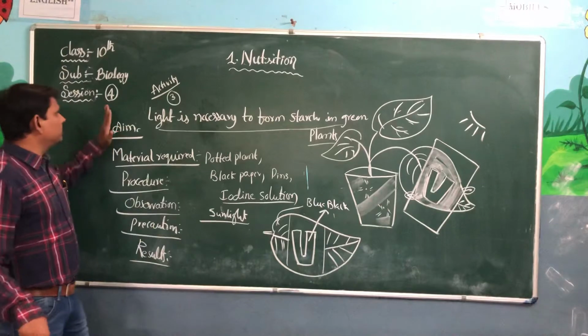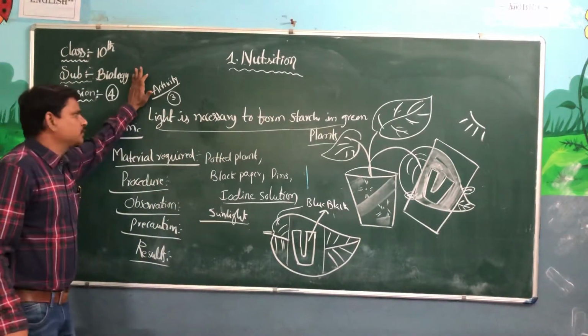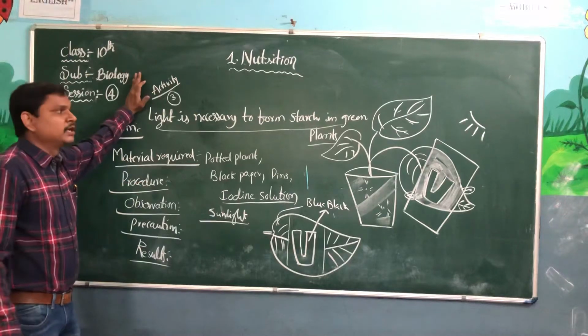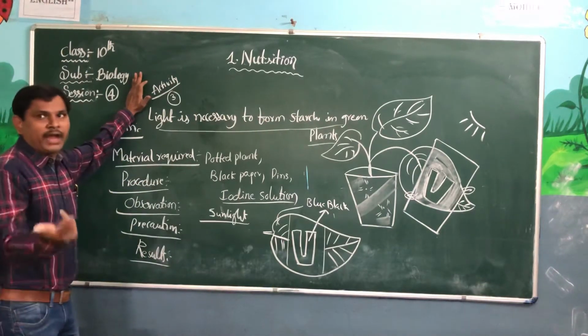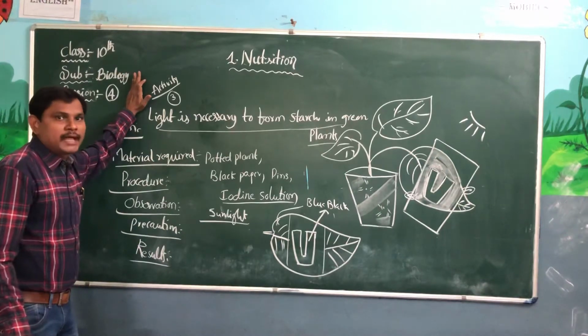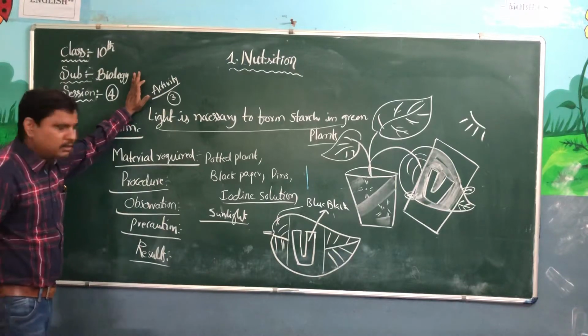This is a simple experiment. So this result shows that light is necessary to form starch in green plants. If light is not there, plants cannot prepare starch. Plants cannot prepare glucose.